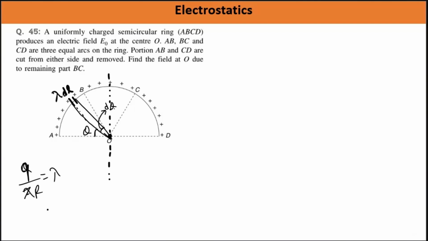Because of this charge, dq, the electric field at this point will be directed outward in this way. This dE will have the value k into the point charge, lambda dl, divided by the distance squared, r squared. So this is dE in this direction.